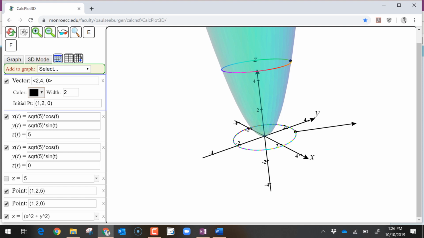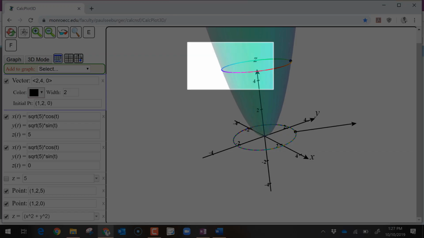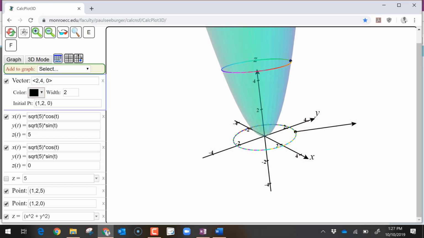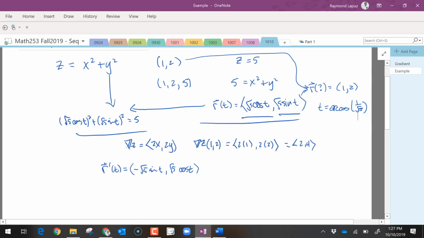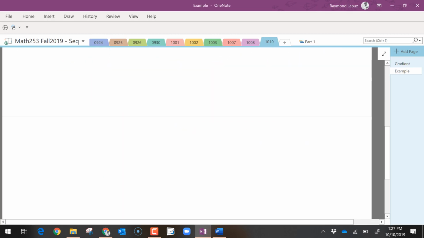And we can draw the tangent vector, except we didn't really work that out correctly. But if we would have put the angle t equal to, what is it, arc cosine of 1 over root 5 or something like that into the derivative function, then we would have our tangent vectors there. Okay? All right, so these are the pieces that help us show that the gradient is actually perpendicular to a level curve. So just a picture tour, so to speak.